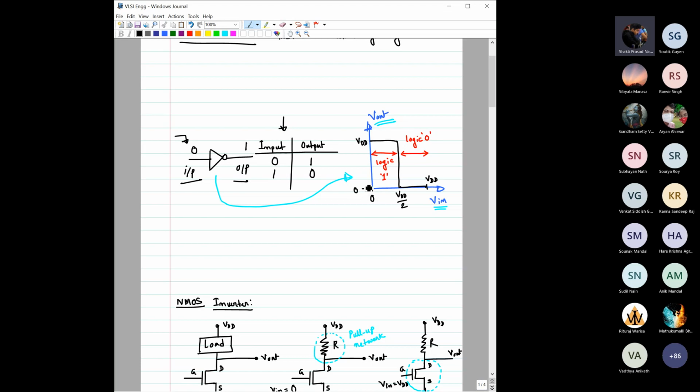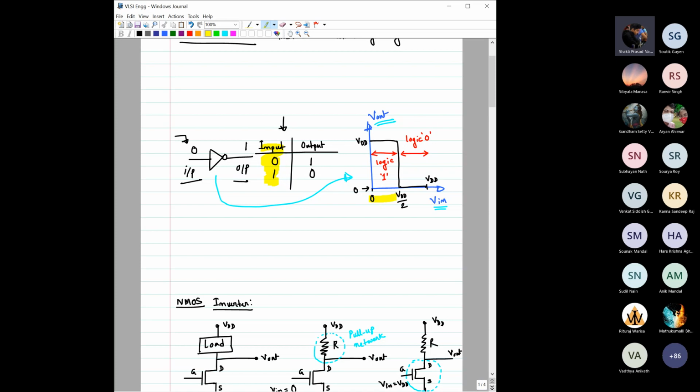One thing should be clear from here: when we say input level, this logic input, logic 1 or logic 0, we are defining it in terms of some voltage levels. The voltage level is not actually quantized, but is a range of voltage.